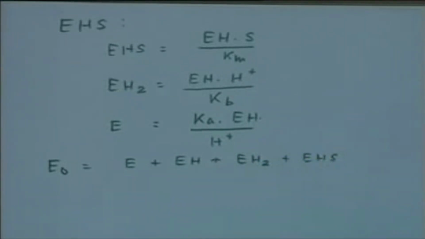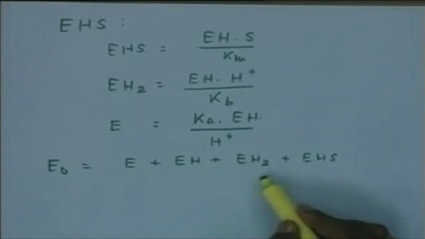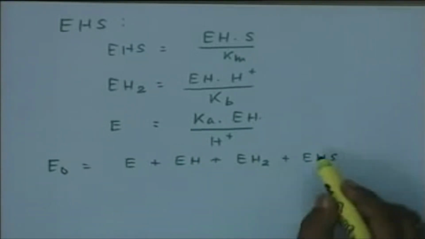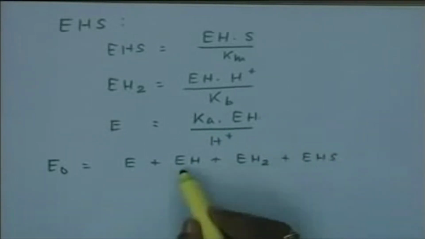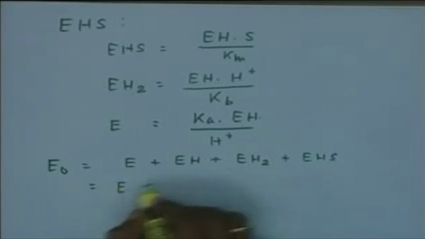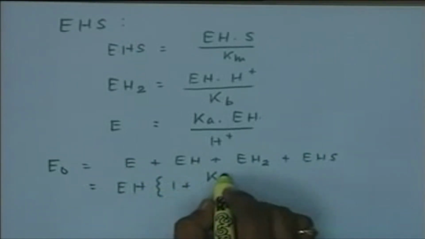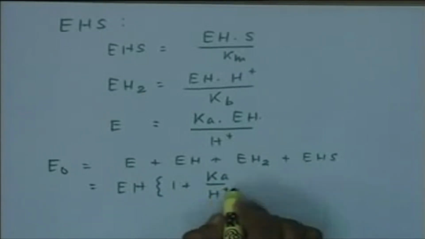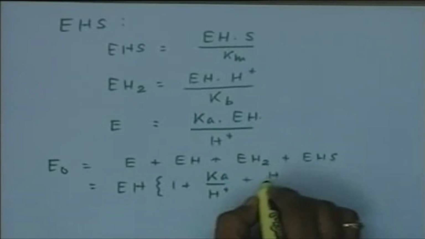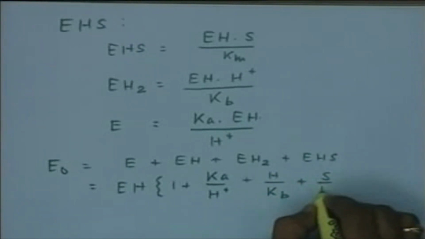Basically, the total enzyme is present in four different species: the free enzyme, the partially protonated, the fully protonated, and the substrate bound form, which is binding only with the EH. And therefore, we can substitute the values: EH into 1 plus Ka upon H plus H upon Kb plus S upon Km.